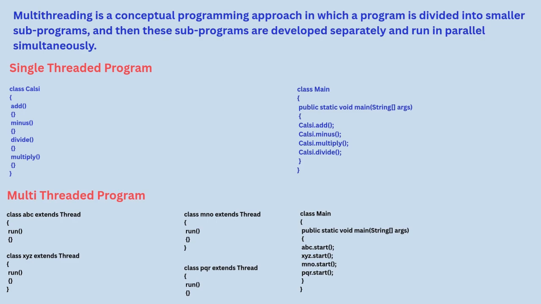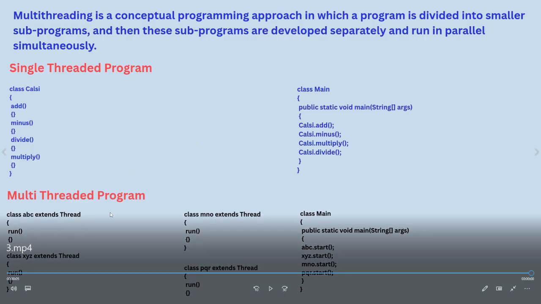You can write the object because I have created the object, so I write the object dot start, like abc.start, xyz.start and mno.start.